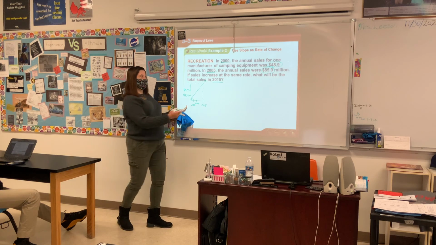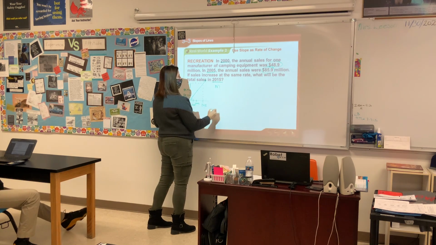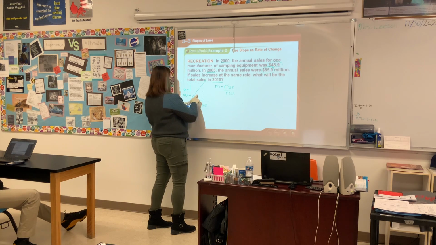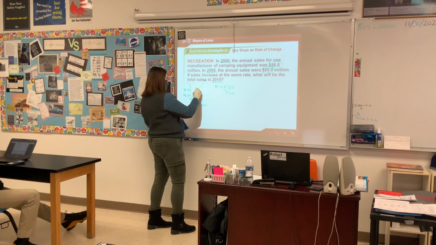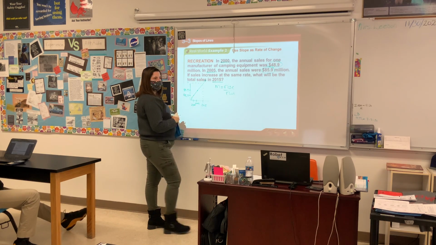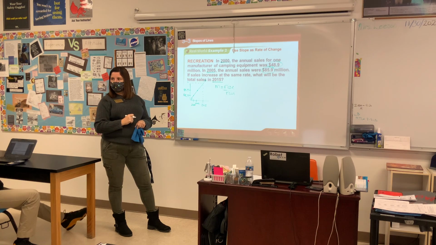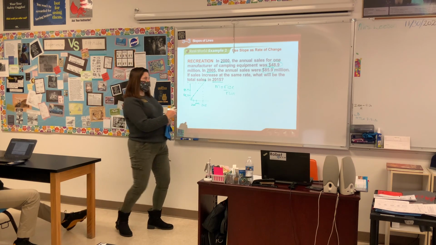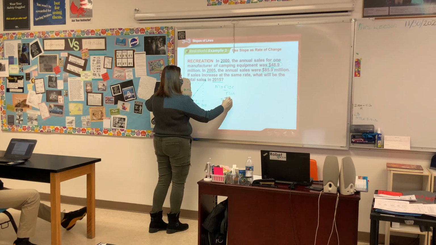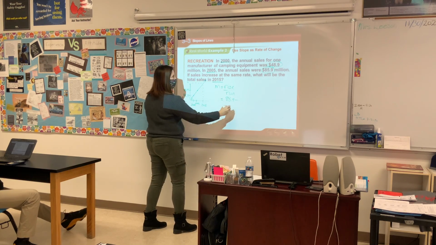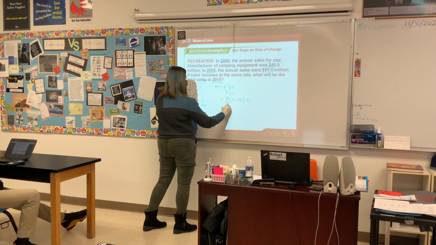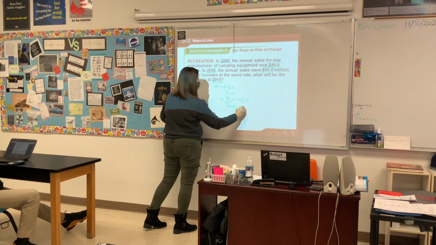Okay. Another thing that we can do is look at this rise over run. I can figure out the slope of this line from here to here by plugging in this information. So if I plug in that information, y2, y1, x2, x1.